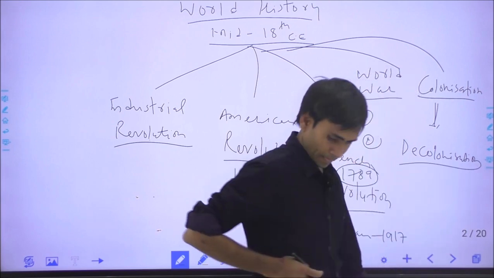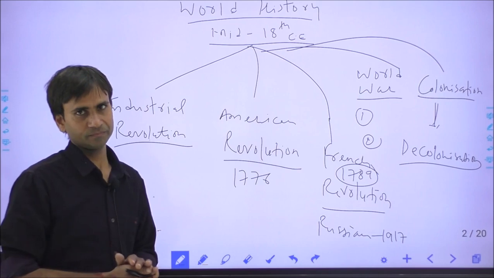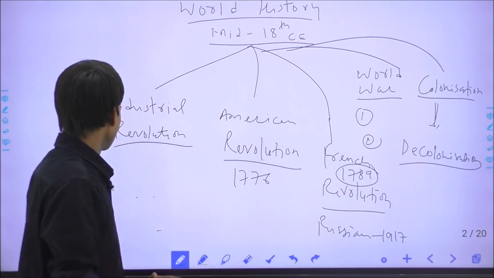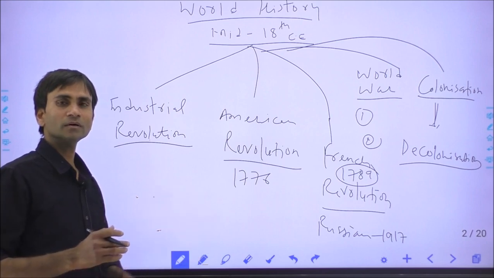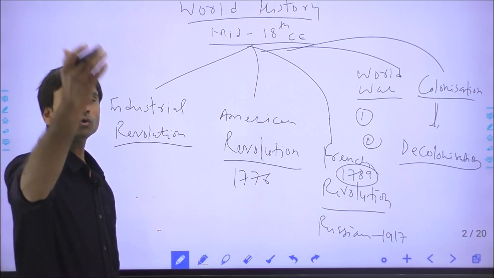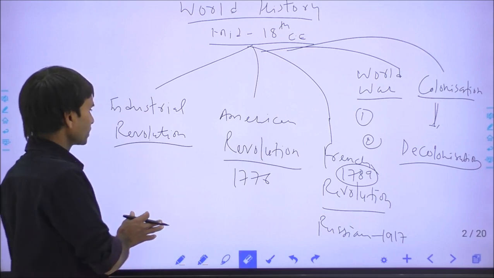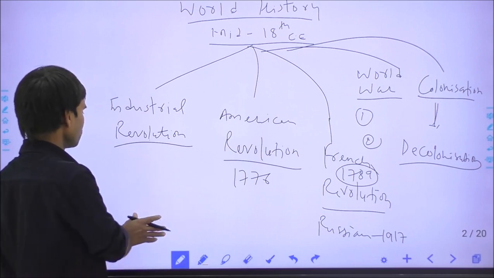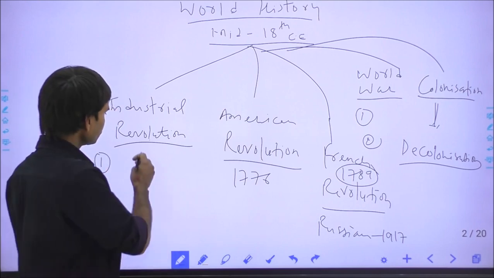Okay. Then how to cover or how to prepare these topics so that we can solve all the questions that have been asked or may be asked in future? The Industrial Revolution is an important topic. First, you must know the nature of the Industrial Revolution.